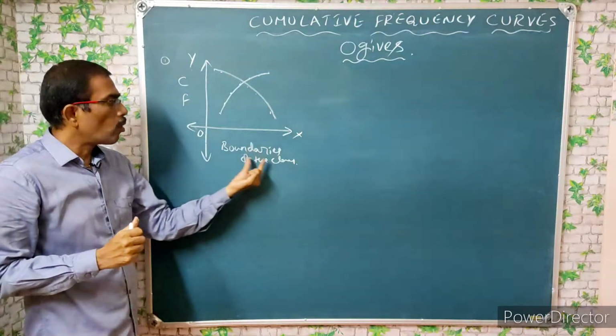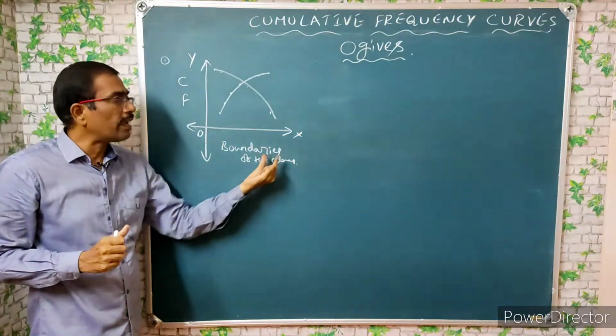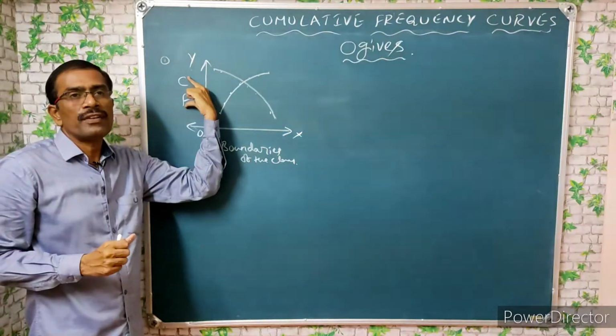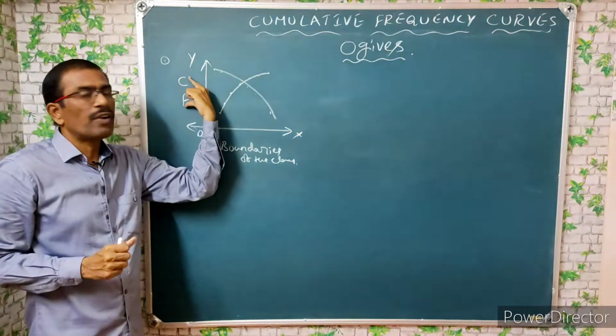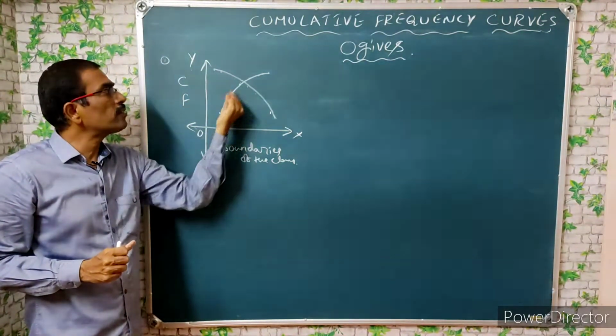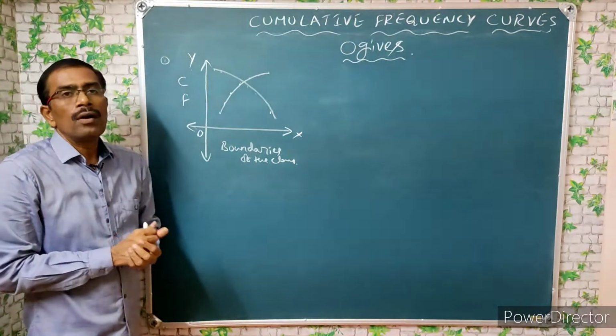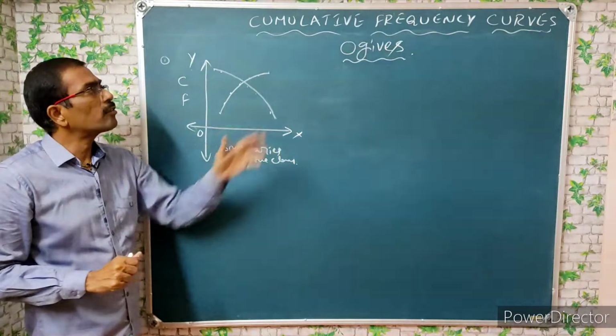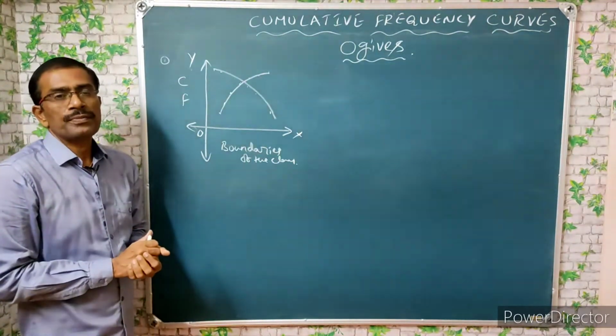So this graph is called a cumulative frequency curve. It is also called an ogive.